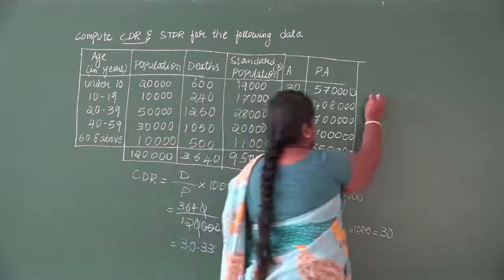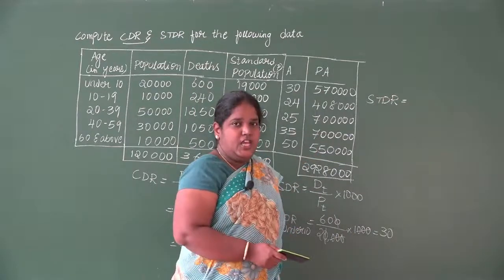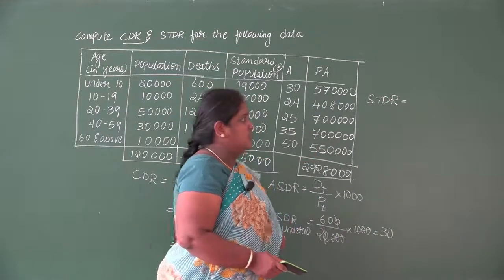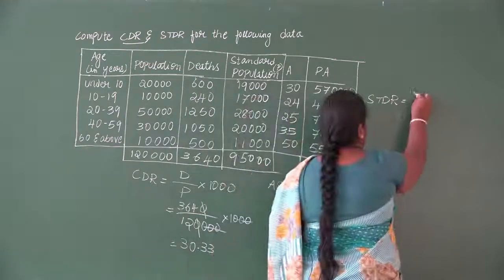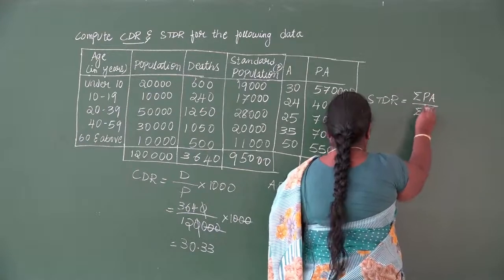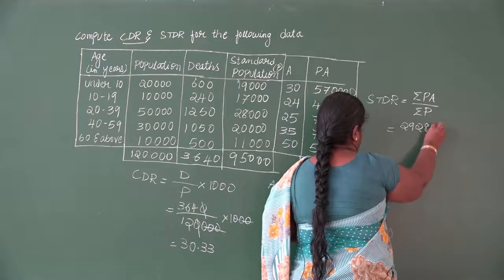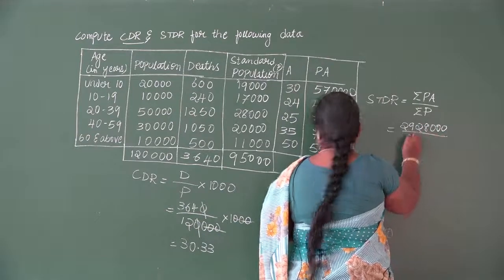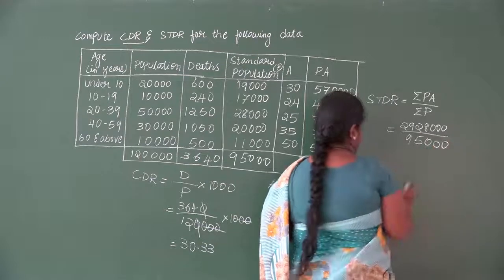So use the STDR formula. Previously we were writing STDR of A, since it was A and B, but here it is only about one population, so just STDR. So it is sigma PA divided by sigma P, which is 29,28,000 divided by 95,000.